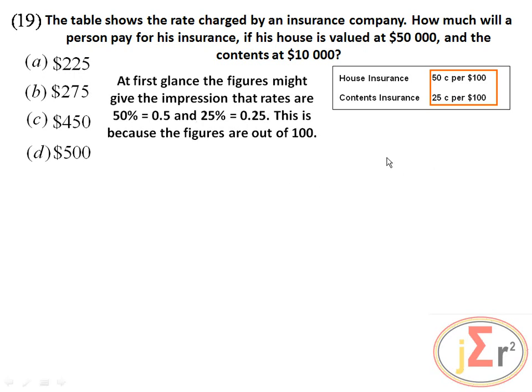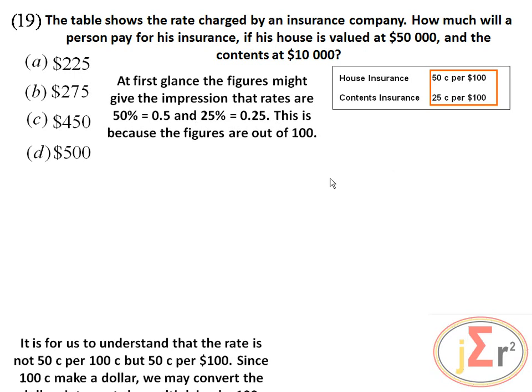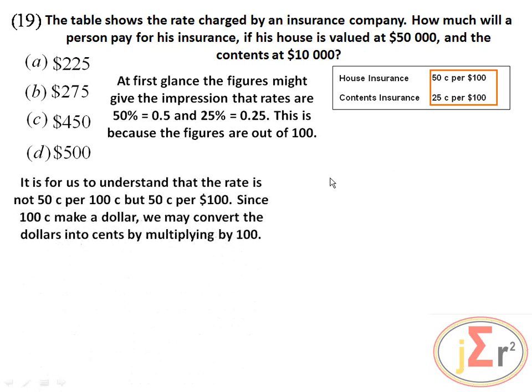But if we take another 5 seconds to look, what do we notice? It is for us to understand that the rate is not 50 cents per 100 cents, but 50 cents per $100. Since 100 cents make a dollar, we may convert the dollars into cents by multiplying by 100. Sometimes the CSEC will set a problem in which the units are different, cents to dollars.